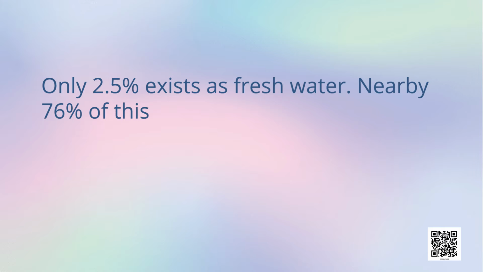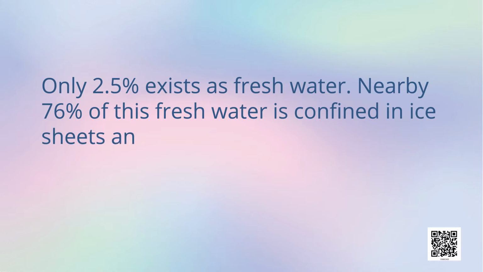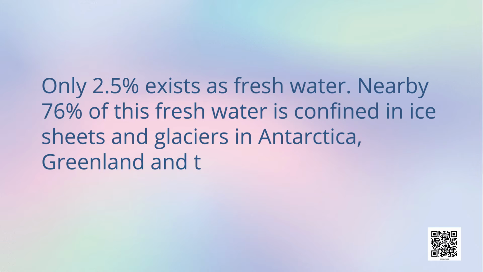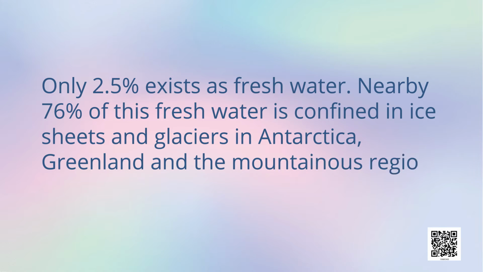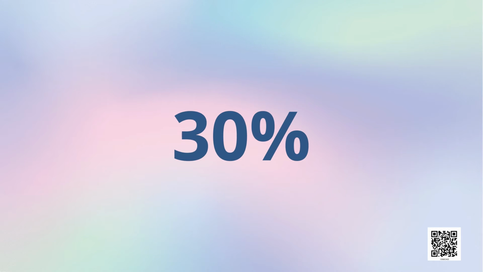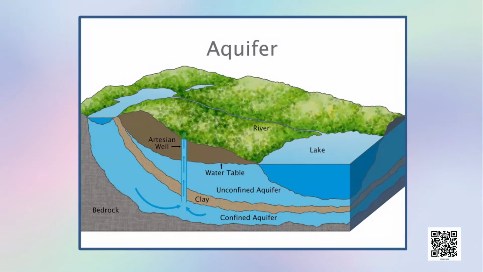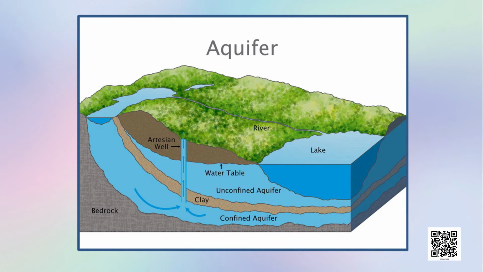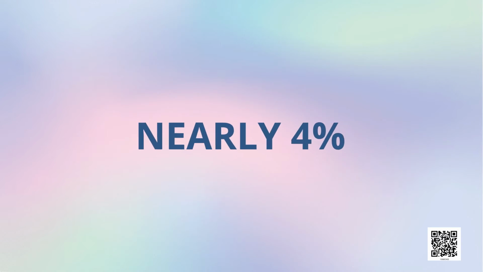Nearly 76% of this fresh water is confined in ice sheets and glaciers in Antarctica, Greenland and the mountainous regions of the world. A little less than 30% is stored as groundwater in the world's aquifers. India receives nearly 4% of the global precipitation.